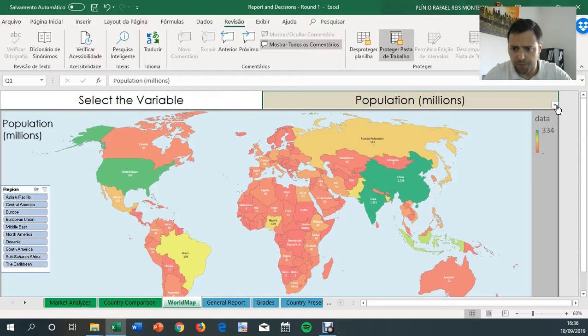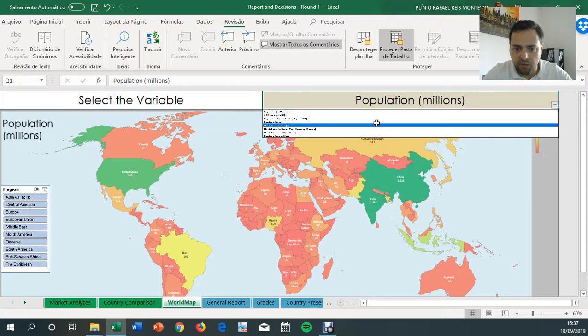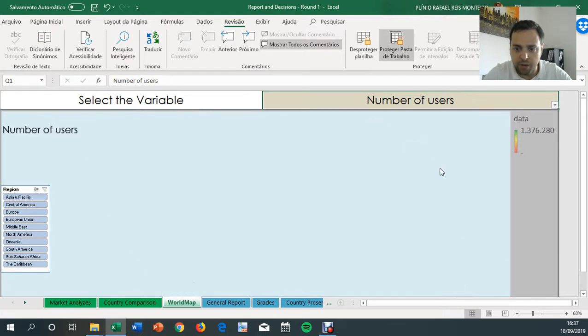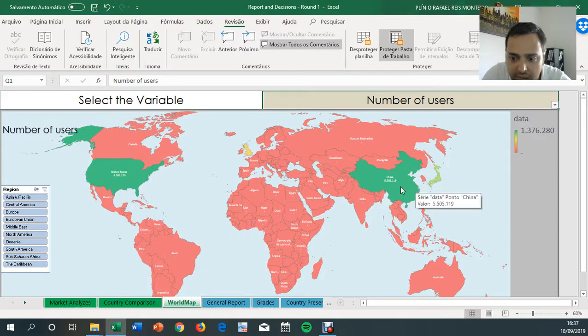But also, you can use that to analyze new data here. Basically, now you can analyze market data. So let's start with a single one, like the number of users in each country. So now you have the number of users in each country of the world.